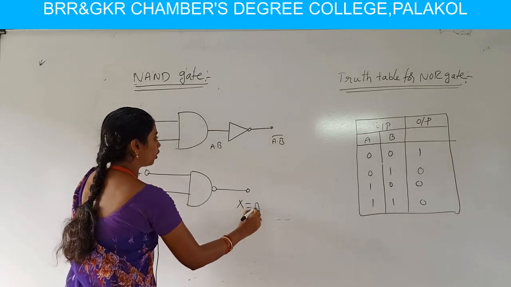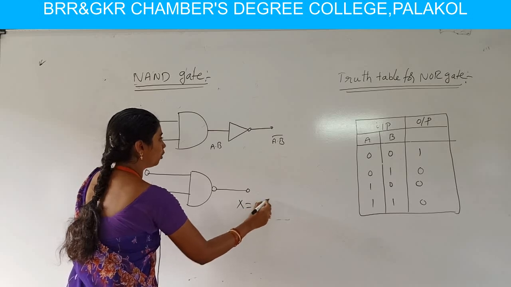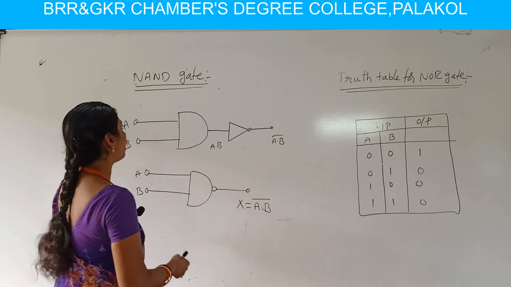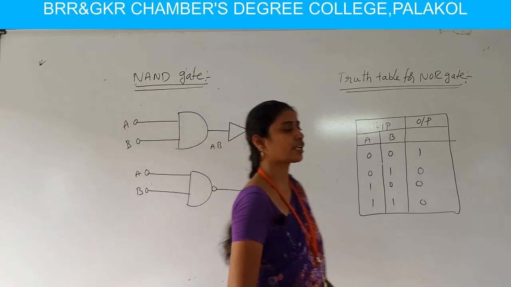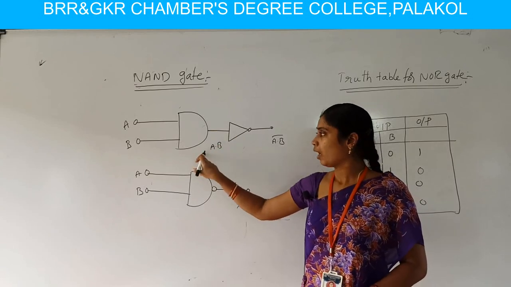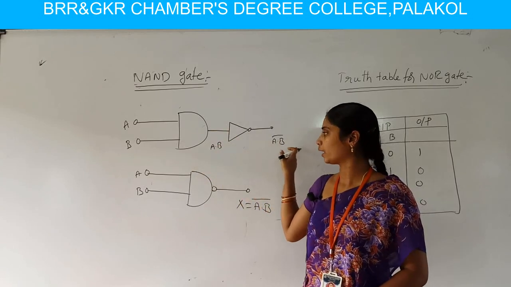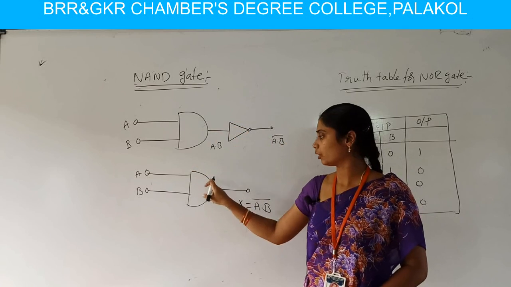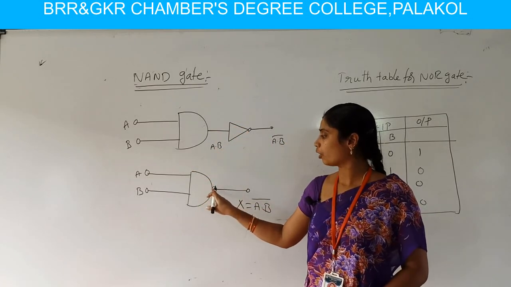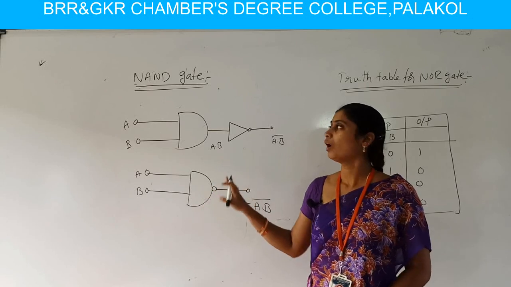So X is equal to A dot B whole bar, which gives the NAND operation. Here the NAND gate is constructed from the AND gate and NOT gate. The circle, nothing but the bubble, followed by the AND gate gives the NAND gate.